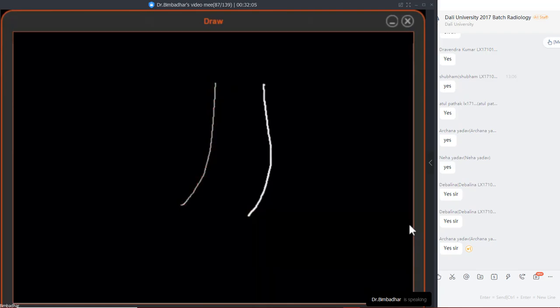Now let us try. There is a mass that is present up here. Now let me try to pour some thicker barium so it falls here. Then what happens is that this is a mass, this is a solid structure.